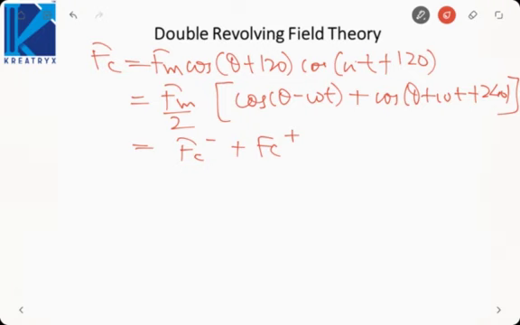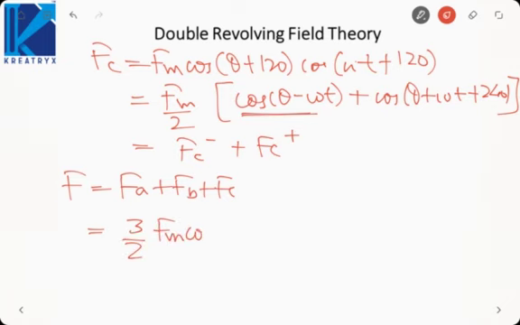Now to find the total flux, it will be Fa plus Fb plus Fc. Now this forward rotating wave is same in all the three cases, so it will become 3 by 2 cos theta minus omega t. But what about backward rotating?